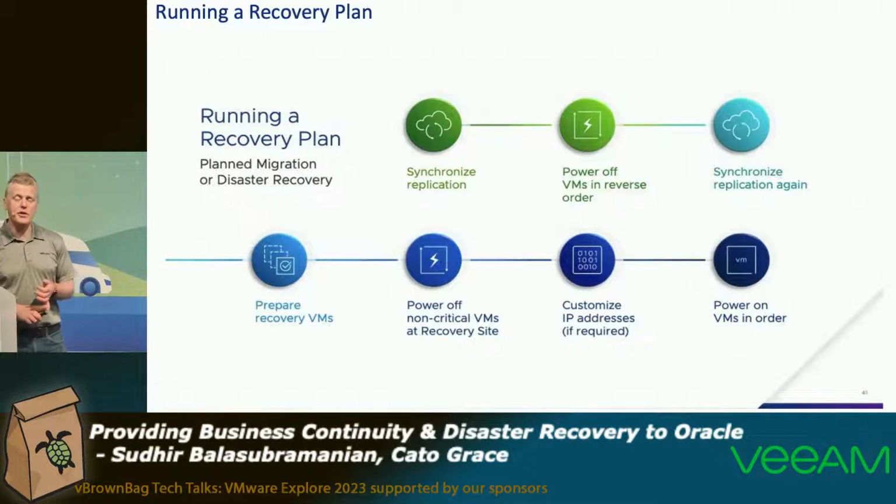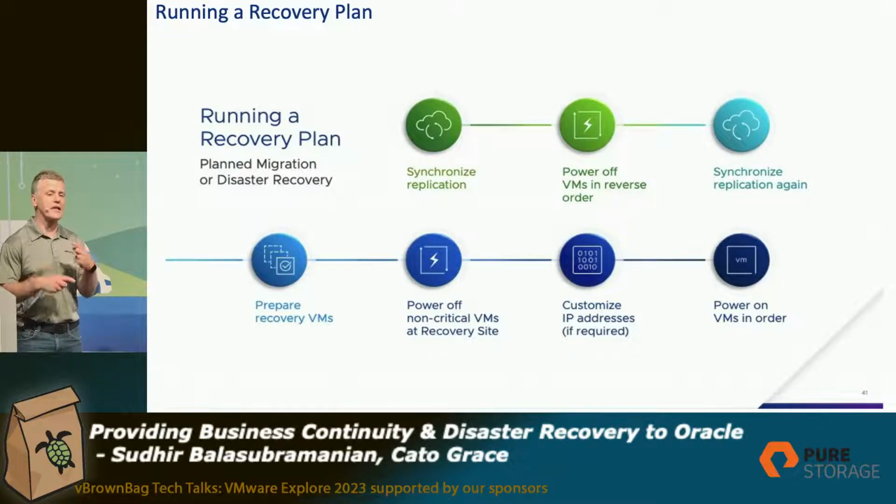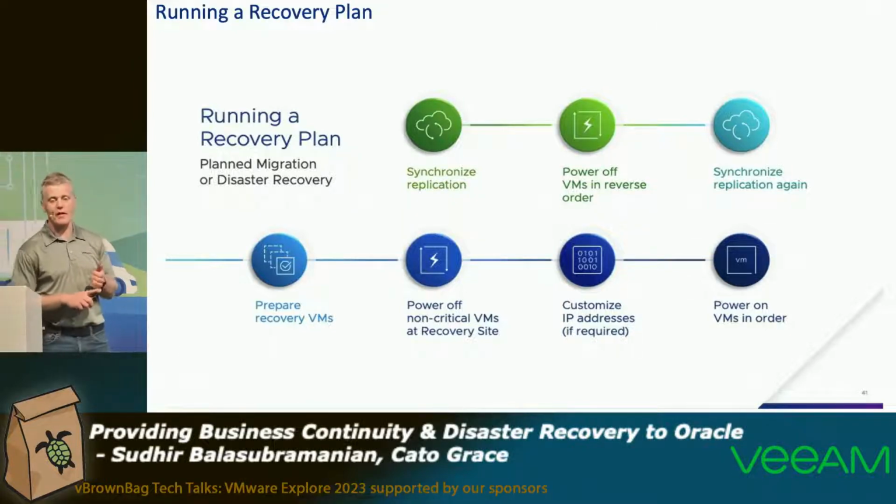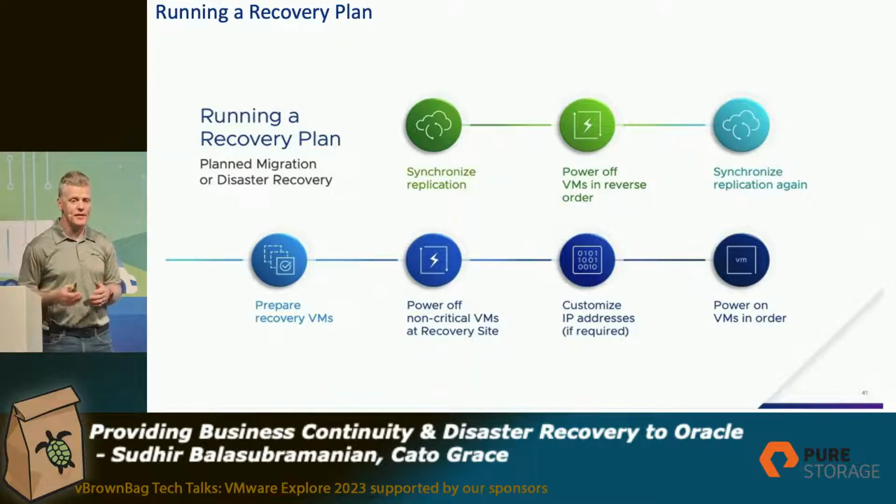So these are the steps SRM is going to take care of for you in the event that you have a disaster. SRM will do all of the things on here automatically. You click run recover my VMs, and SRM takes care of all of it. First, it's going to replicate your storage, assuming that your protected site is still up in some way.